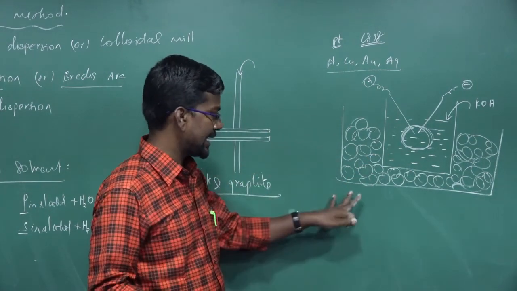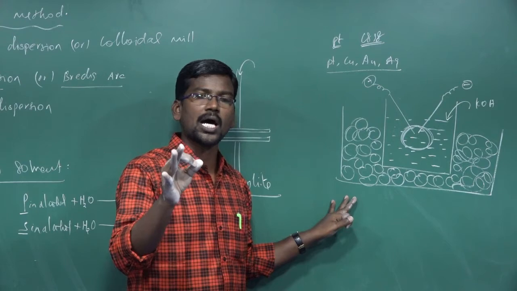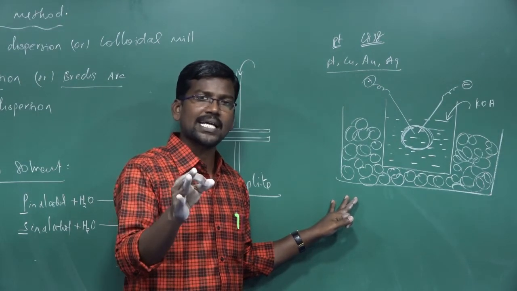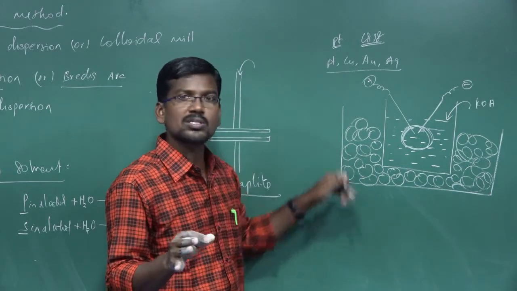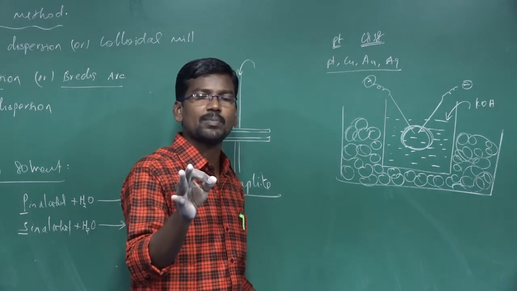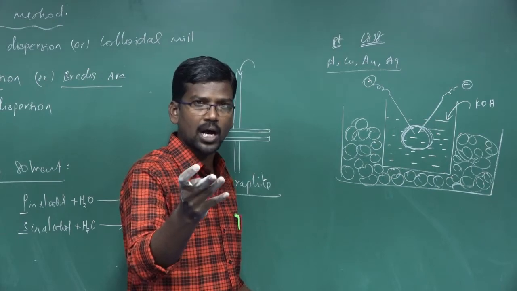It is called the mechanical dispersion or periodic arc method. It is used to prepare colloidal solutions of 11th group elements or coinage metals: copper, silver, platinum.